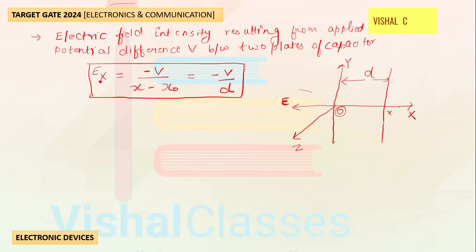Ex, the electric field, is in volt per meter. As we have seen in the earlier problem, the electric field was 10 raised to power 4 volt per meter. D is the distance between capacitor plates, and its unit is meter.